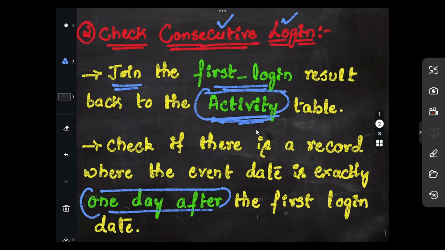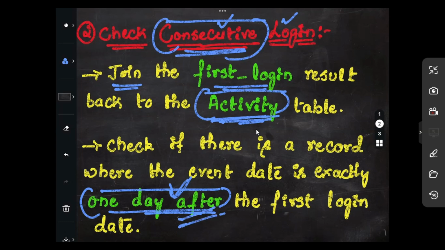This is because we are checking for the consecutive logins, right? So we will check if there is a record where the event date is exactly 1 day after the first login date. So this is very important.